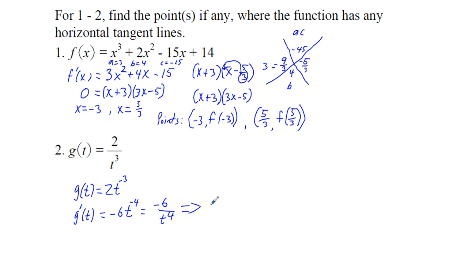So if we replace g prime of t with 0 equal to negative 6 over t to the 4th power, I hope you can see that there is no value that we could make t be where this expression on the right side is going to be equal to 0.